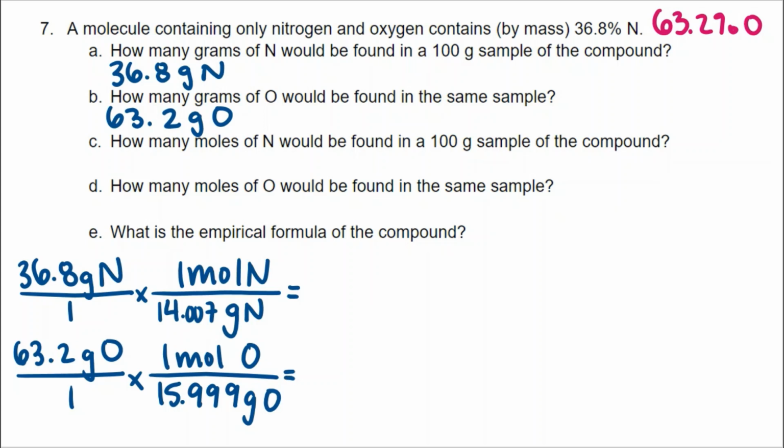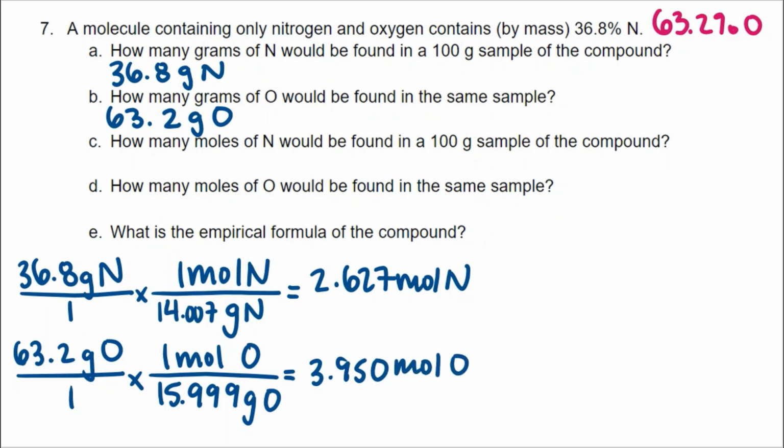So I'm going to go ahead and solve to get my answer here. And I'm going to get 2.627 moles of nitrogen. And I'm going to get 3.950 moles of oxygen.